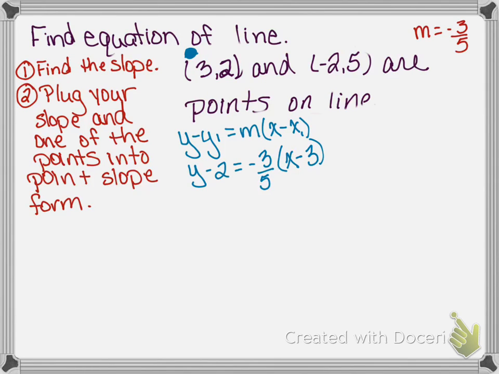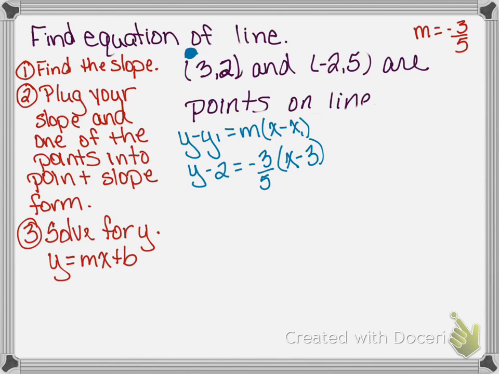Okay? Now, my last step, once I've got it into the point slope form, is I am going to solve for y, and I'm going to put it in y equals mx plus b. That's the form that I want to go to. y equals mx plus b.